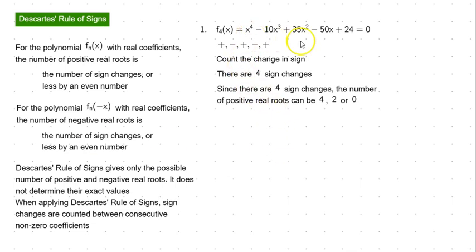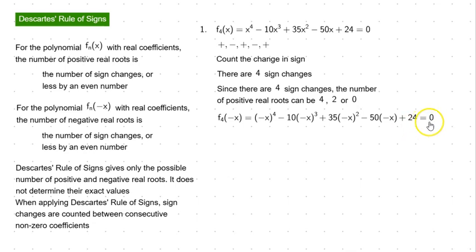Now what we do is we take this equation and replace x with minus x. So f sub 4 of minus x is equal to minus x to the power of 4 minus 10 times minus x cube plus 35 times minus x square minus 50 times minus x plus 24 equal to 0.